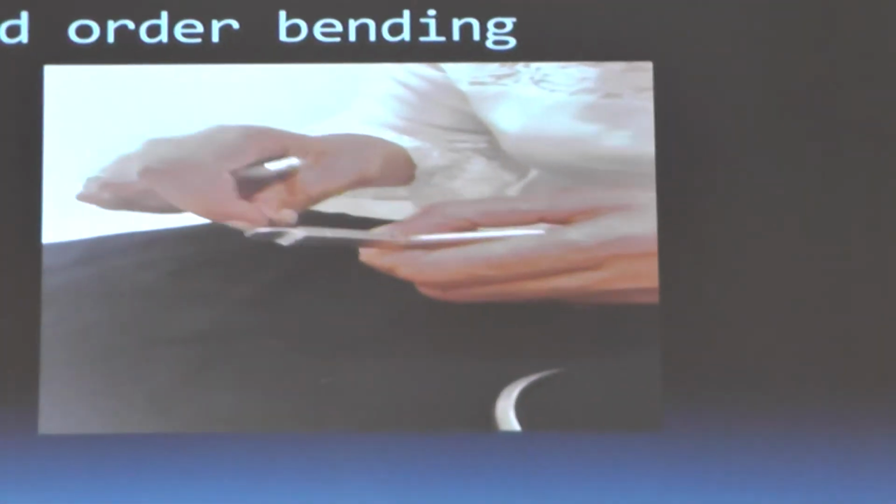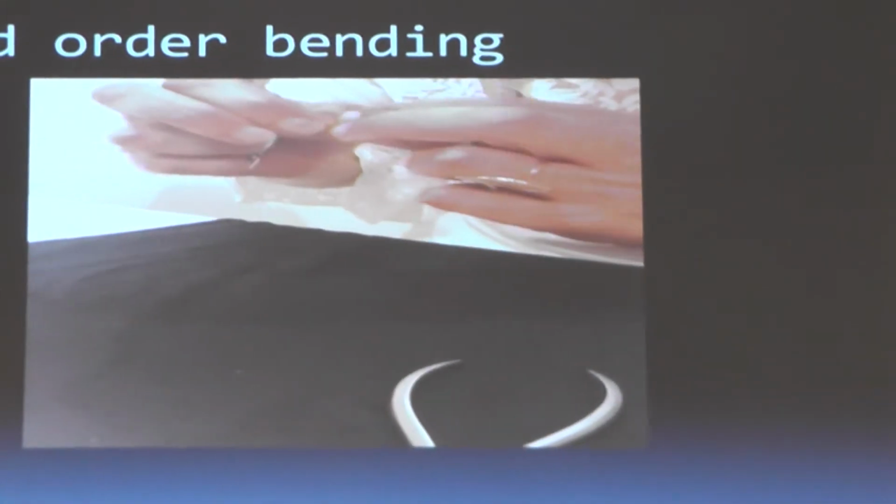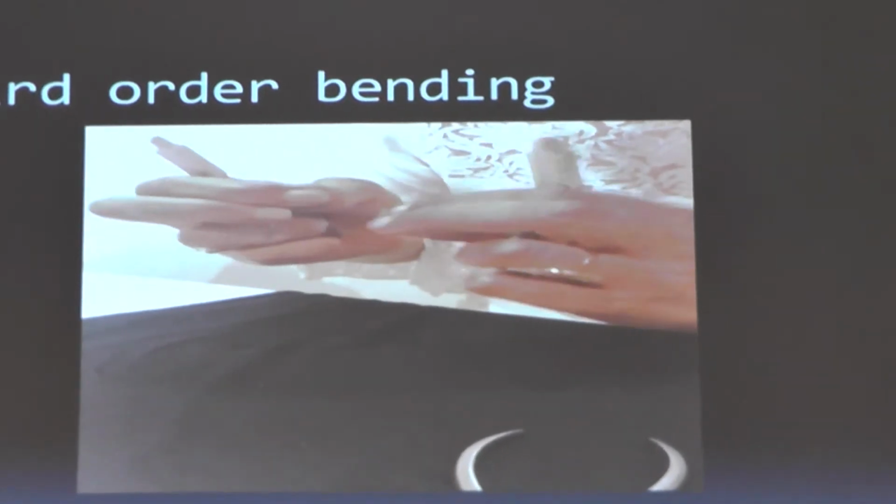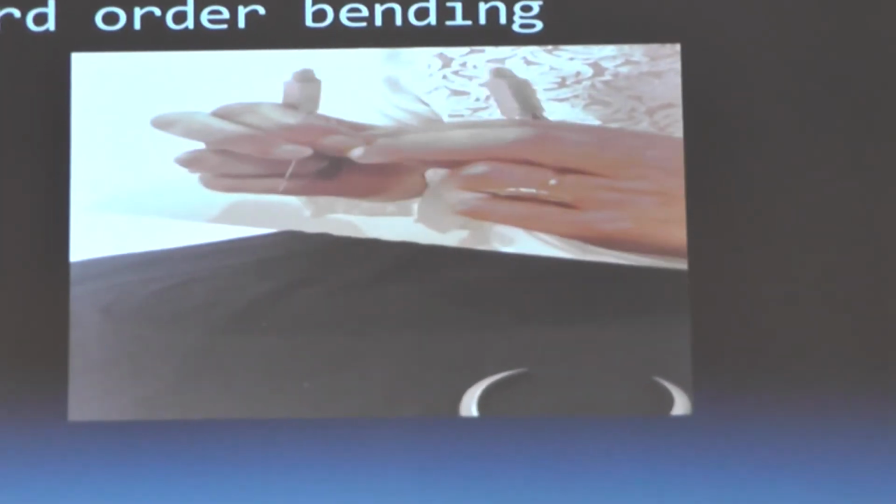Okay, let's check the wire. We don't want balls in the wire. Remove. We don't want uncontrolled movements. It's very important. And check again.